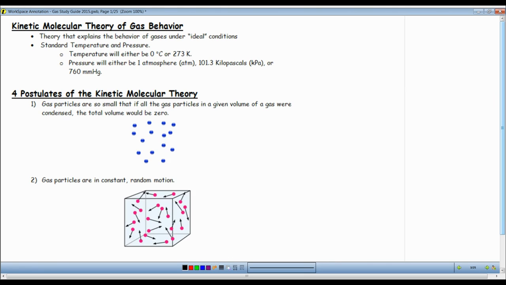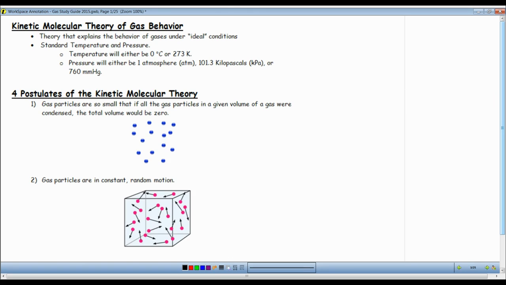This is the kinetic molecular theory, which means that at the time these statements were put on paper, they seemed to make sense. Based on the data that scientists were familiar with at the time, these statements seemed pretty legit.